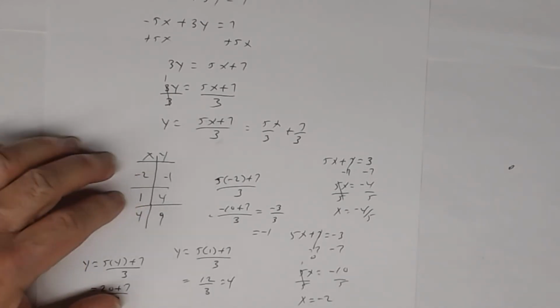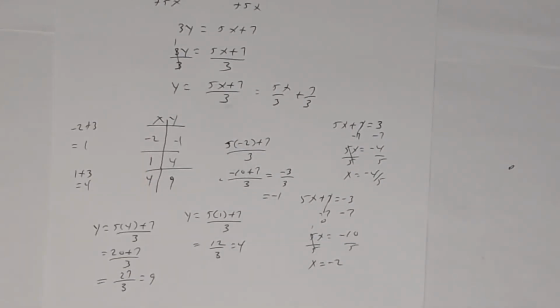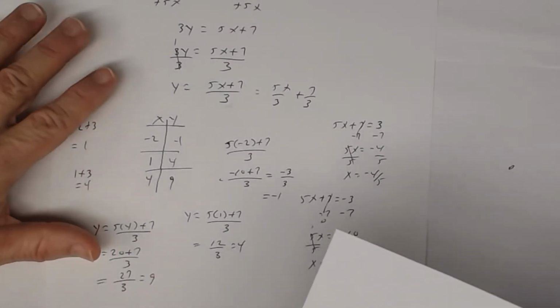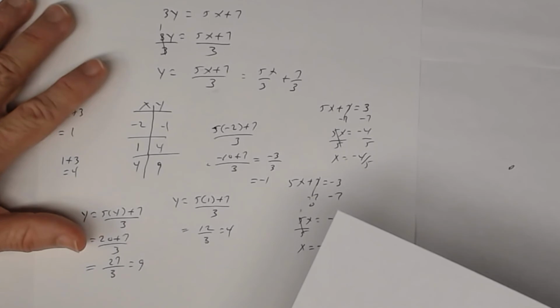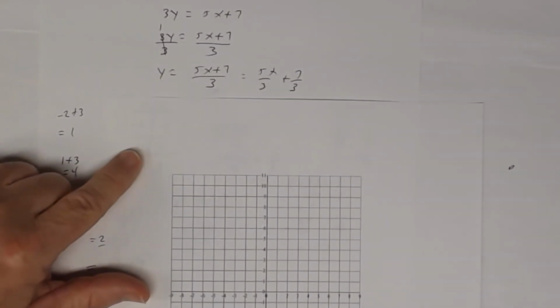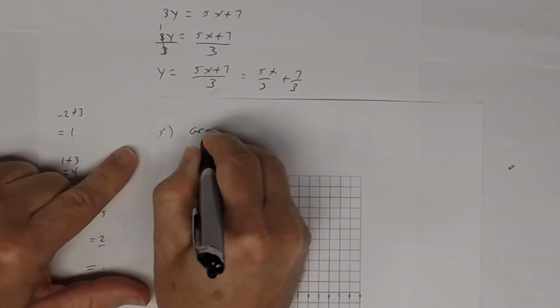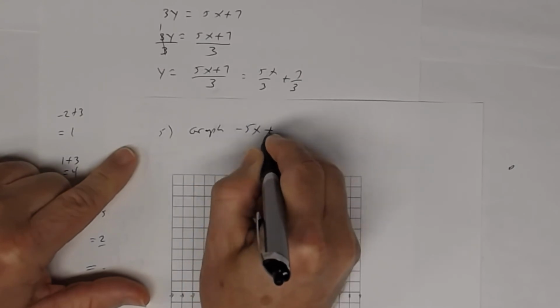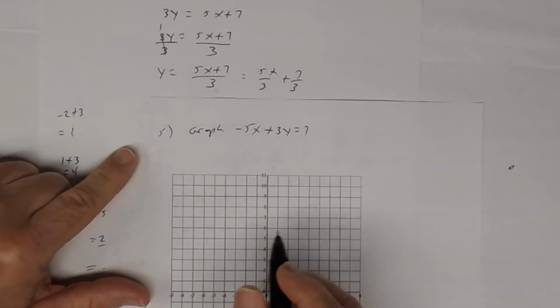I know this is challenging. I understand. I know this is challenging for you. So when I plot those points, so I'm graphing, this is number 5. I'm going to graph -5x plus 3y equals 7.